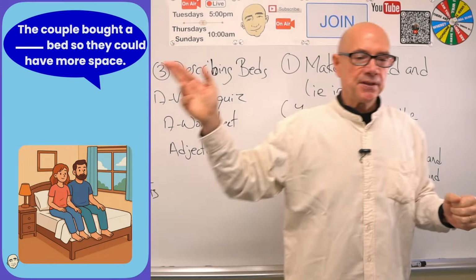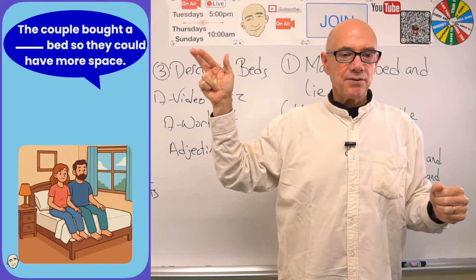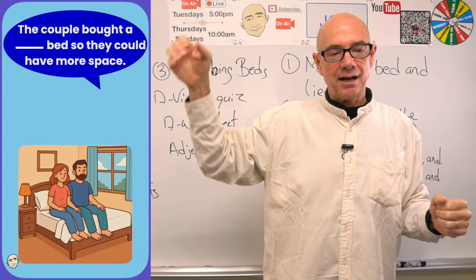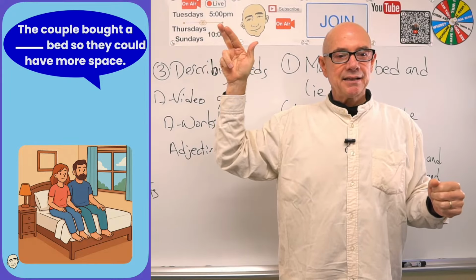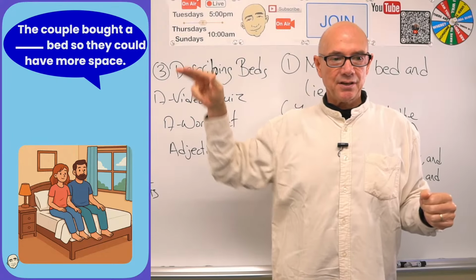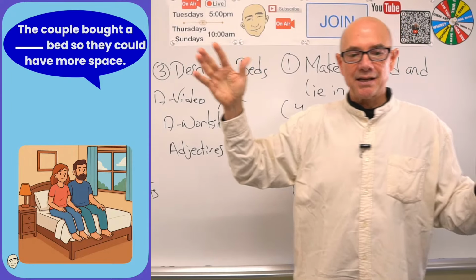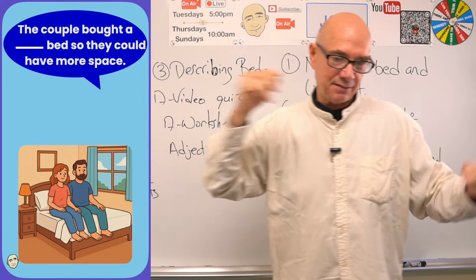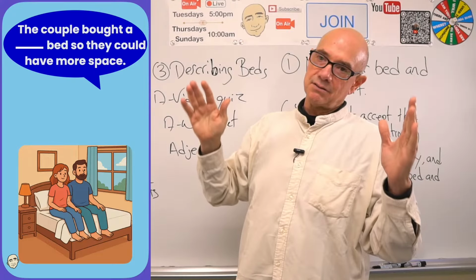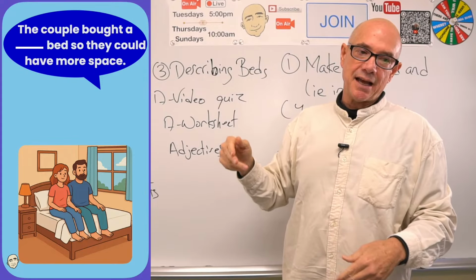Okay, here we go. The couple bought a bed so they could have more space. Okay, so our key word here is more space. So what kind of bed would have more space for the people? Two people are sleeping in the bed, and they want more space.